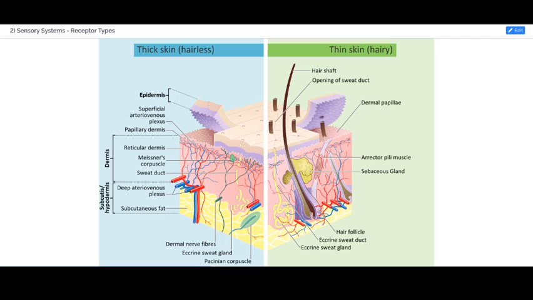Those are two types of encapsulated nerve endings that we associate with the skin. Those are the eponymous names, named after the person that discovered them. Often we refer to the Pacinian corpuscle especially as the lamellated corpuscle. Meissner's corpuscle goes by a few different names, sometimes mechanoreceptor type 2, those sorts of things, but there are various names for those two examples.